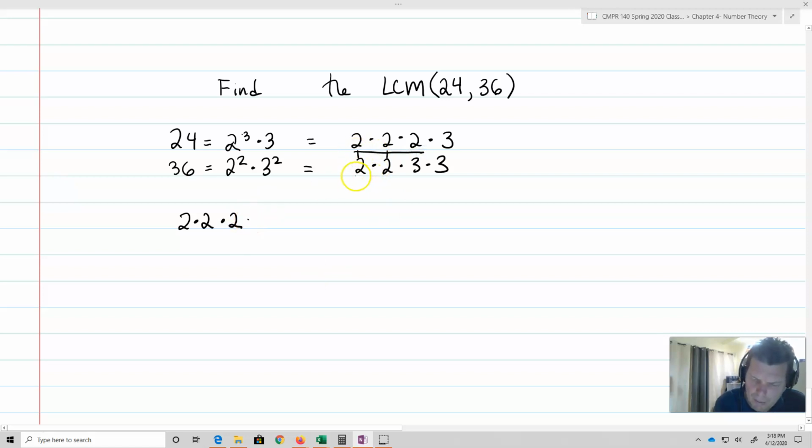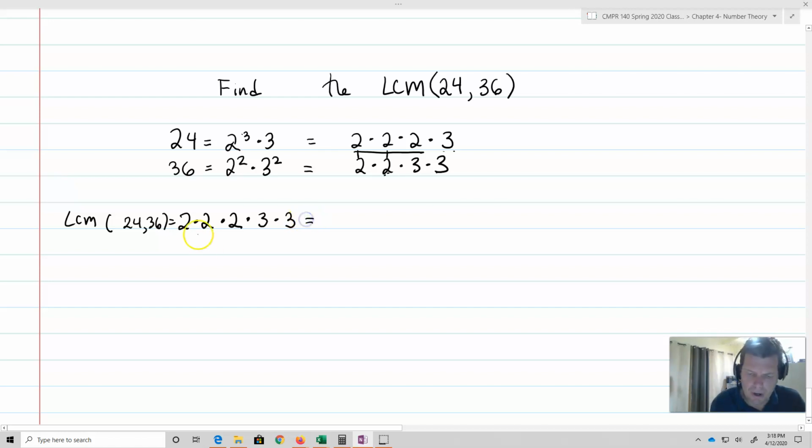Then we notice that those two 2's are also included inside of 36, so I don't want to add anything more. They're already included. Then I've got one 3 in 24, but in 36 I've got a second 3, so I need to add that. So my LCM of 24 and 36 is going to be 2 times 2 times 2 times 3 times 3.